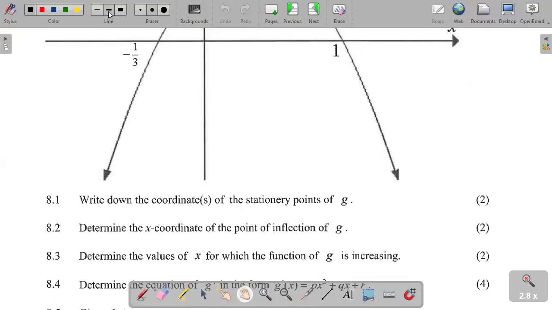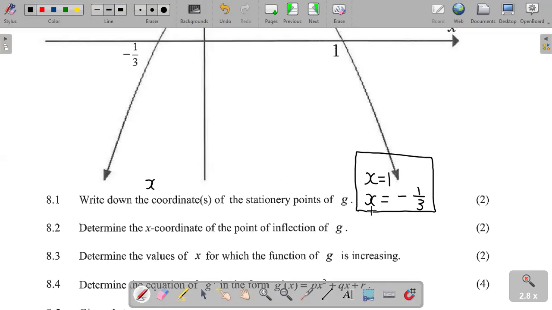It should be write down the x coordinates of the stationary points. Because if it's 2 marks, you can only get the x coordinates, which is negative 1 over 3 and 1. So x equals 1 and x equals negative 1 over 3. These are the x coordinates. There is no way we can know what the coordinates are at this point.